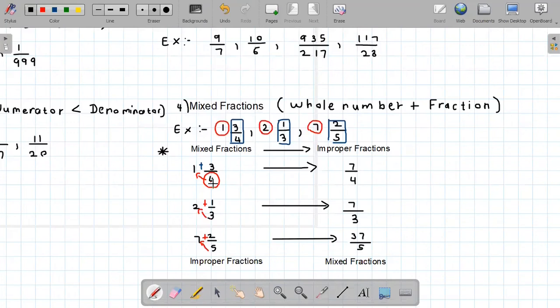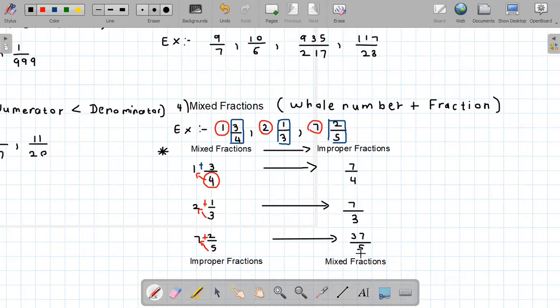So 4 plus 3 means 7. 7 over 4. 2 into 3, 6. 6 plus 1, 7. 7 over 3. 5 into 7, 35. 35 plus 2, 37. 37 over 5. Keep it in your mind, when we are converting mixed fractions into improper fractions, we are not changing the denominator. The denominator is the same. The only thing we are changing is the numerator, right?